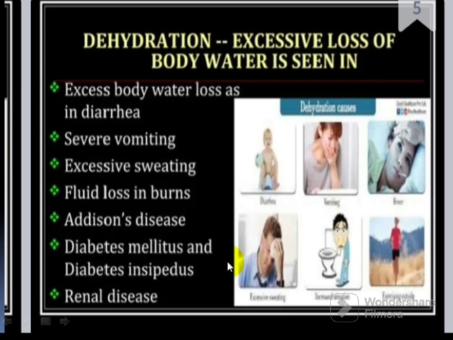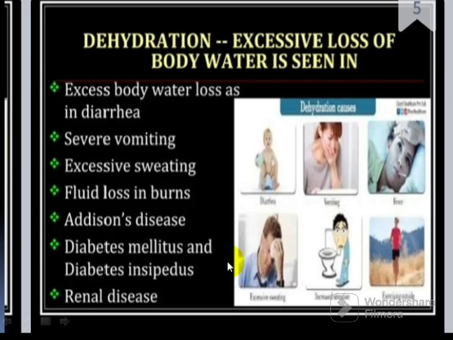So when there is a problem with secretion of antidiuretic hormone from the posterior pituitary gland, it simply means that this hormone that is supposed to help you to conserve water is not being secreted to act on the collecting duct of the nephron.